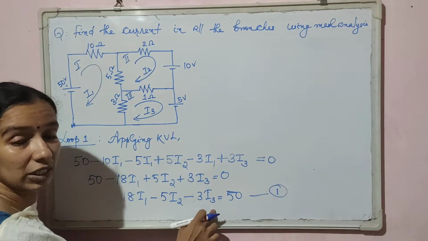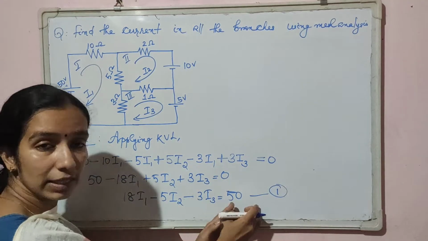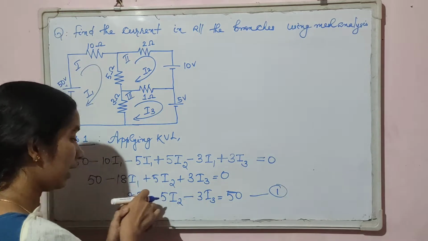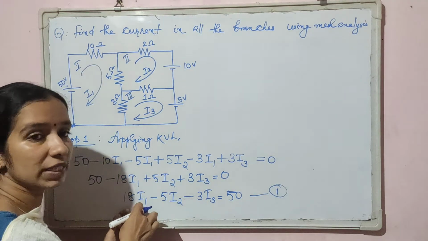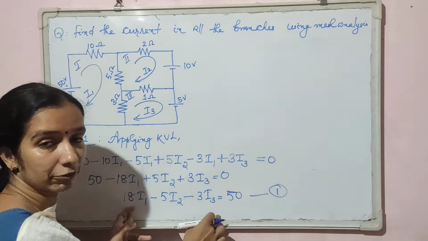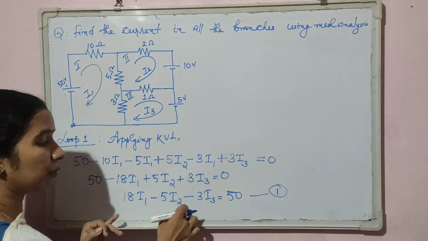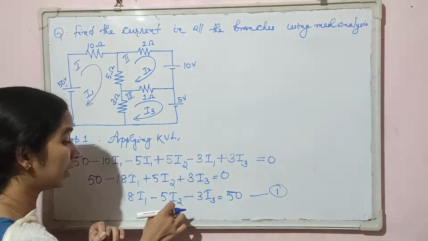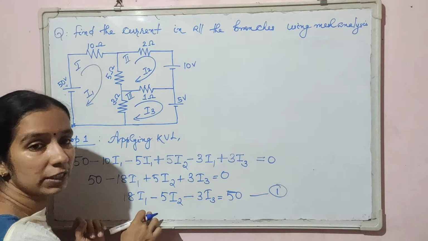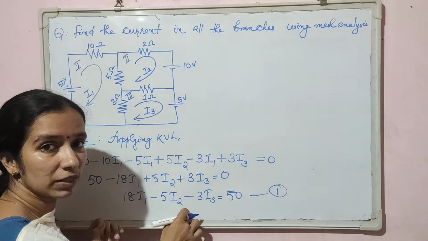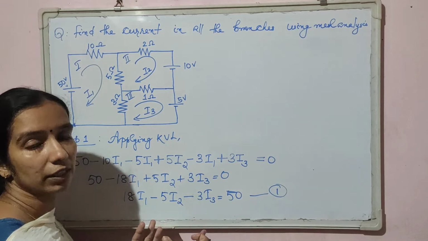The equation should be arranged in such a way that the constant term is on the right hand side and the variable terms containing I1, I2 and I3 are on the left hand side, with the term containing I1 first, the term containing I2 second and I3 third.